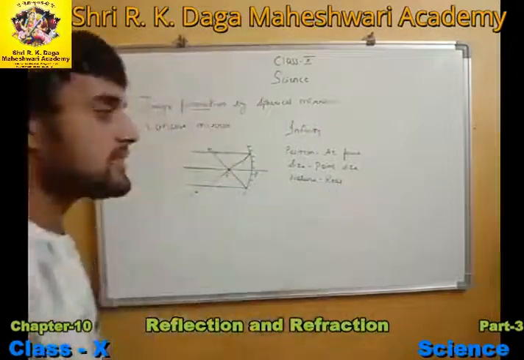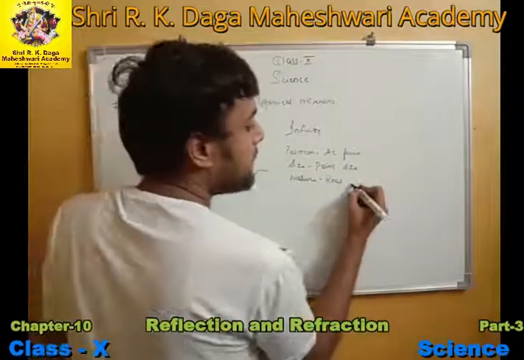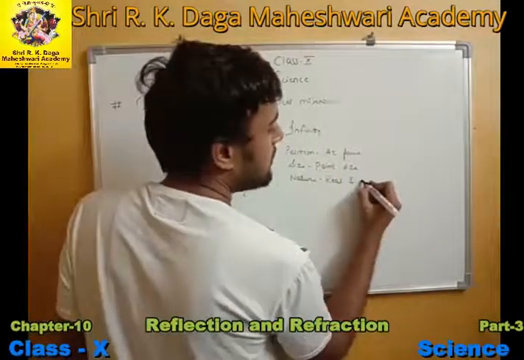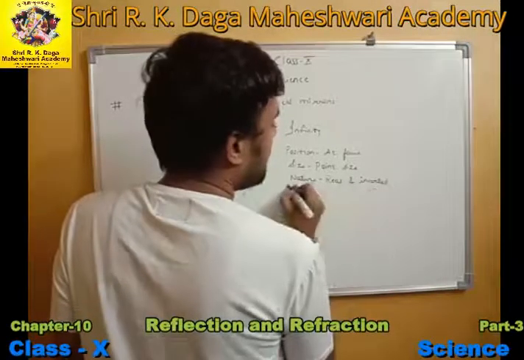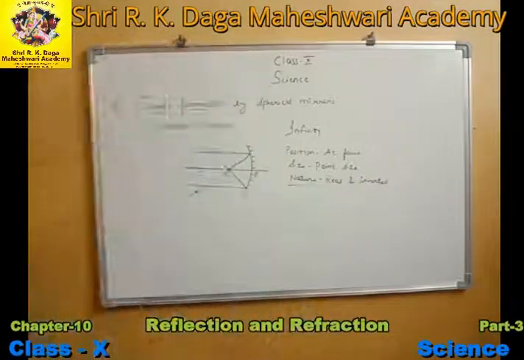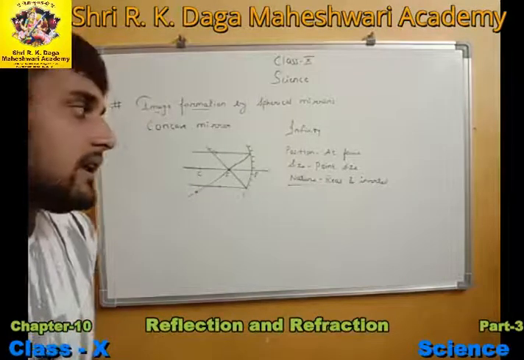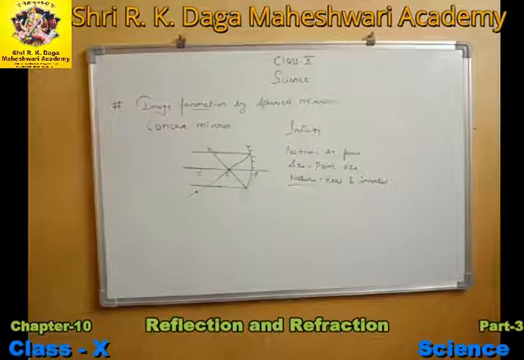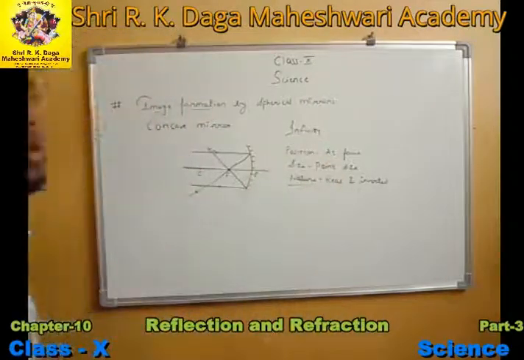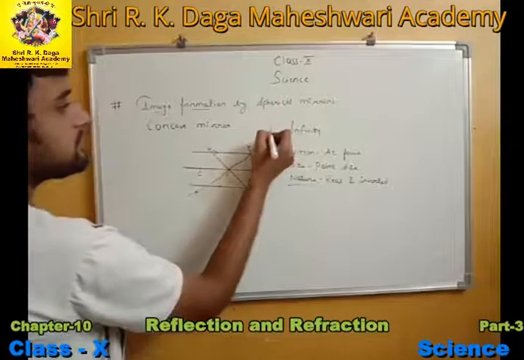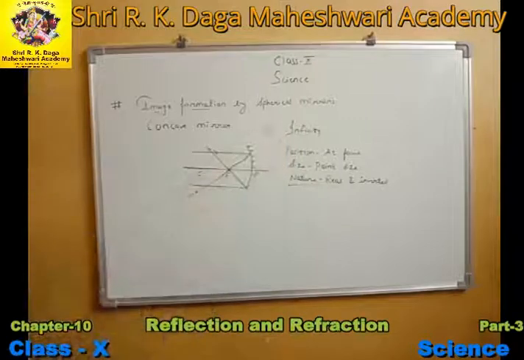So the image formed will be real. And we know that a real image is always inverted, right? So this will be the position, size and nature of the image formed when our object is at infinity. Okay. Now this was the first case. I hope it is clear to all of you.